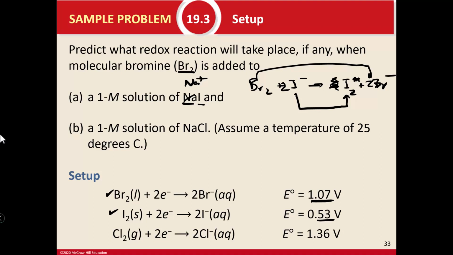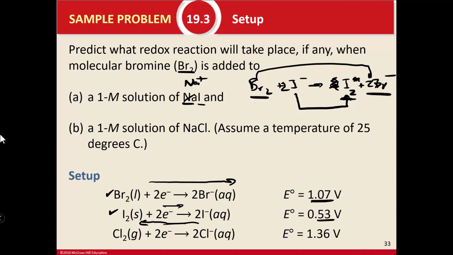So if it's going to be a galvanic cell, this reaction is going to happen this way. It's going to force this reaction to happen that way. Is that what we have up here? Bromine is being reduced, and the iodide ion is oxidized, which is this reaction, right? It's reduction in the forward direction, it's oxidation in the reverse direction. So that looks like that's going to happen.